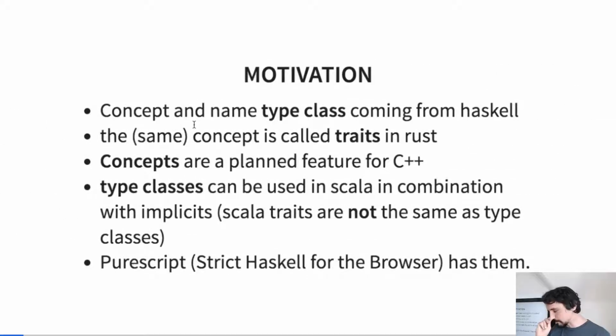So what is this all about? A type class is a concept coming from Haskell actually, and it's also called traits in Rust.